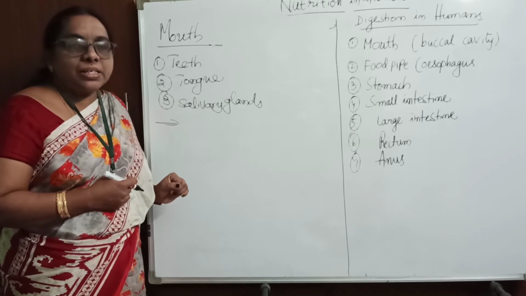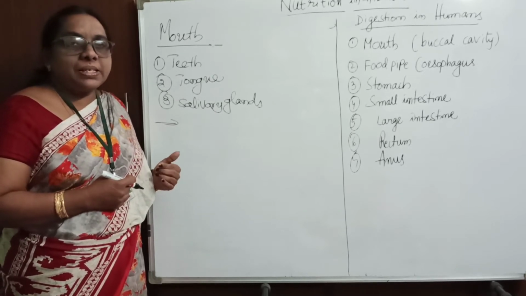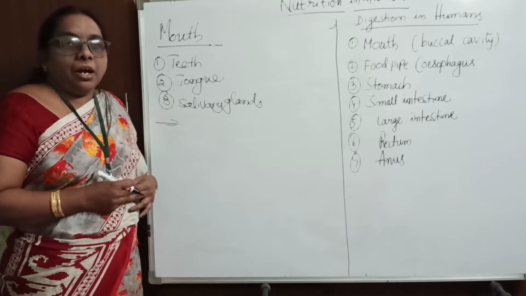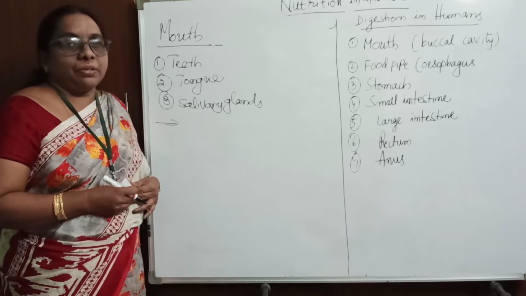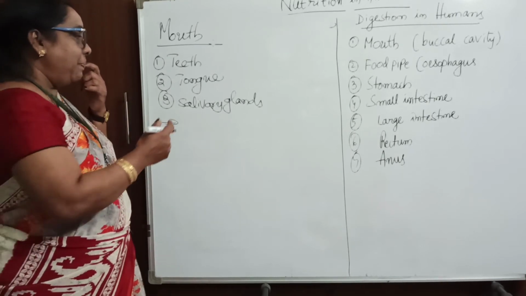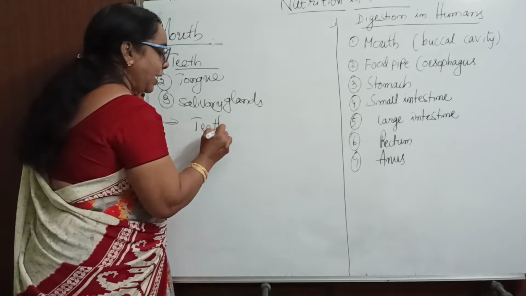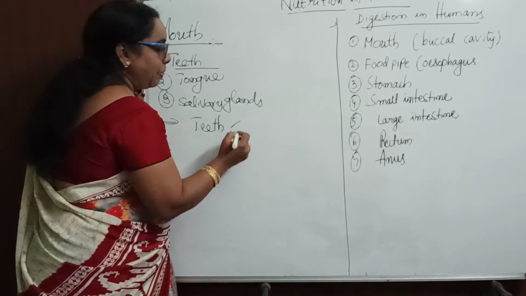Inside this buccal cavity, I said there are the teeth. Let me talk about the teeth. How many teeth will be present? What is the dental formula for the teeth that we are going to study now? There are 4 types of teeth we see in human beings.